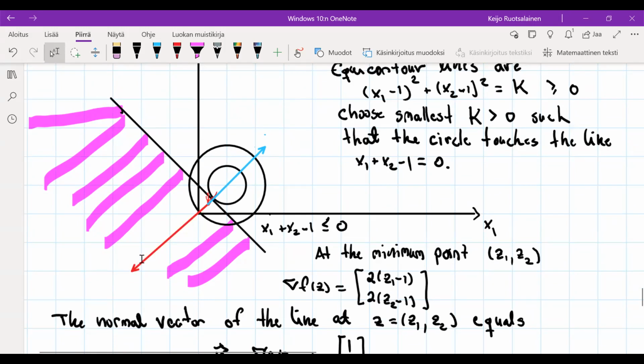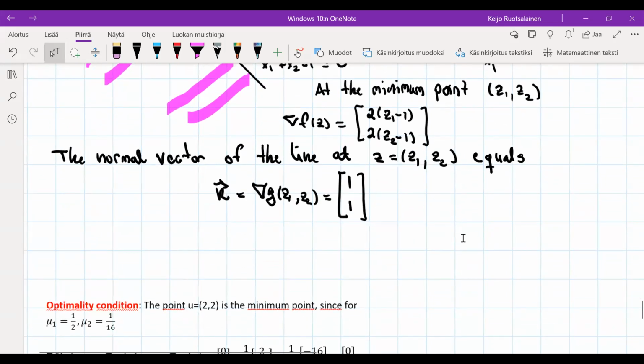Actually this vector points into that direction, because Z1 is obviously a smaller number than 1, so this is negative. Z2 is also negative.